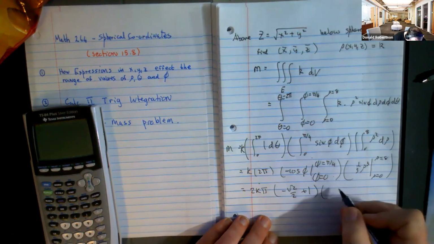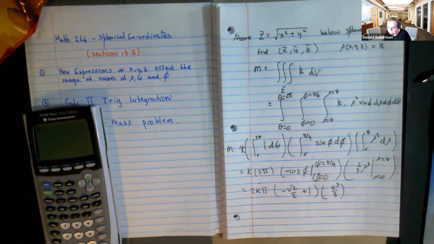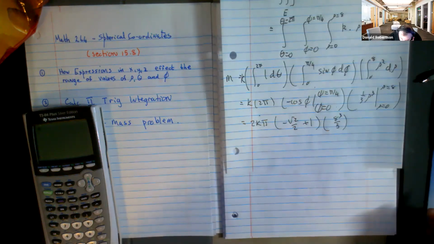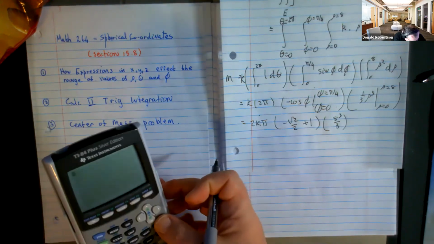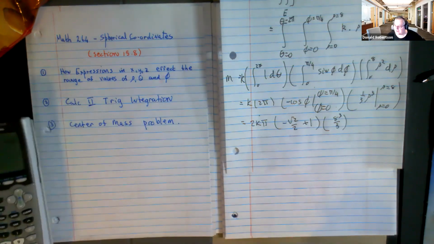And this horrible thing is 8 cubed over 3. I'm just going to leave it as 8 cubed over 3 right now. It's probably some ridiculous number, 512 or whatever. I guess I should do it. Shouldn't be that lazy. Wow, it is 512.